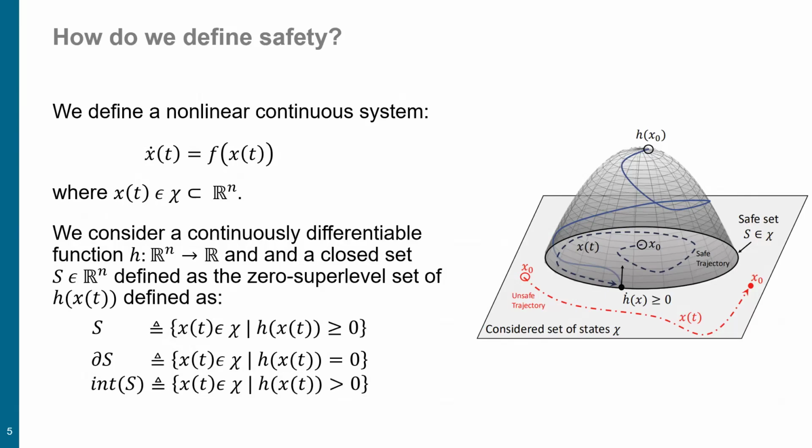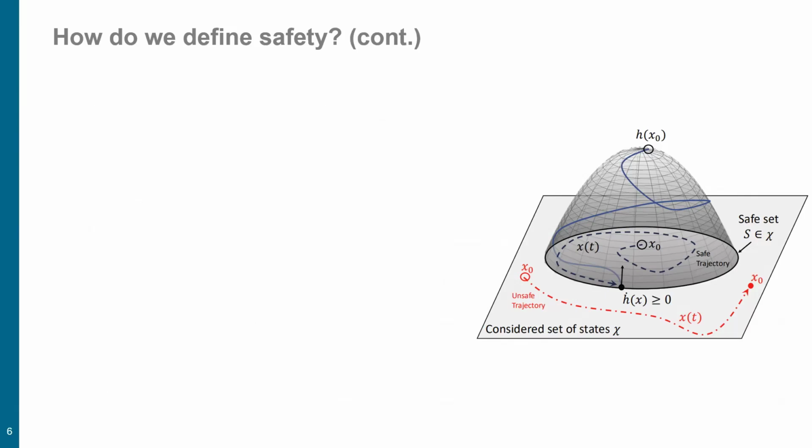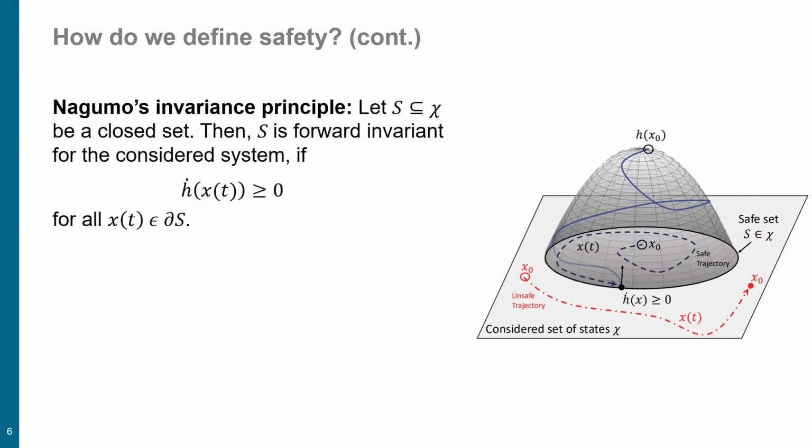But if we have such a function, we can not only see from the value if it's currently safe, we can also evaluate the conditions that are needed in order to ensure that the system stays forward invariant. Forward invariance means once we start in the safe set, we will always stay in the safe set for the whole time.